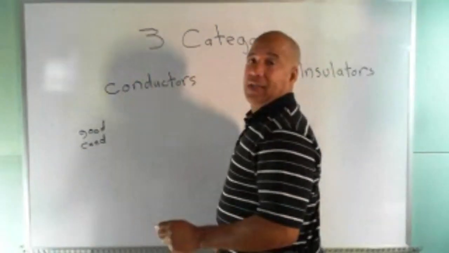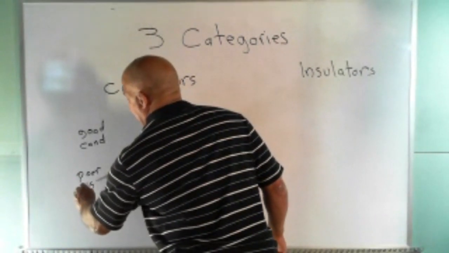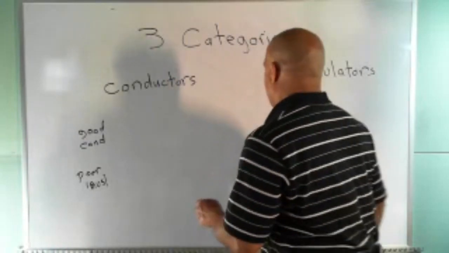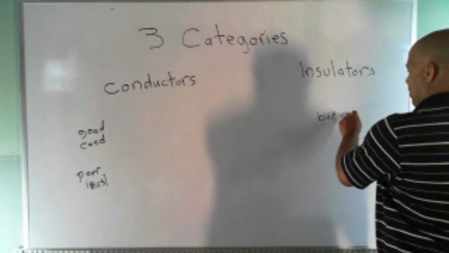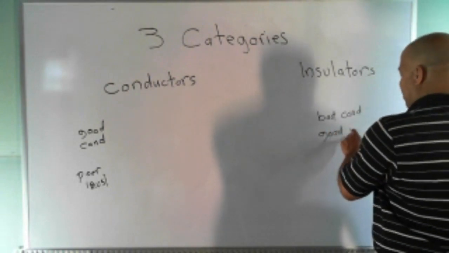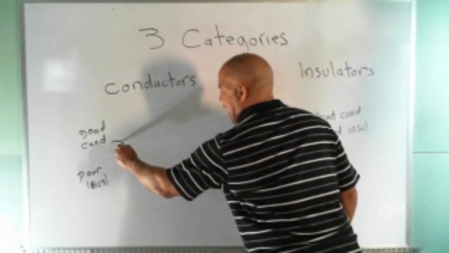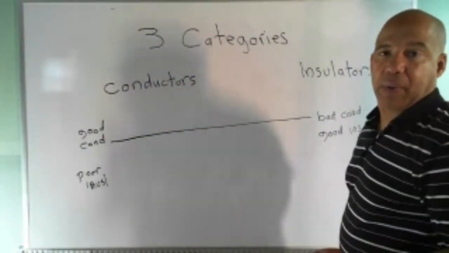A good conductor would be a poor insulator. A good conductor by nature is a poor insulator. And over here they have bad conductors, but a bad conductor would be a good insulator, right? And they have this line drawn like that on that diagram I'm referring to.